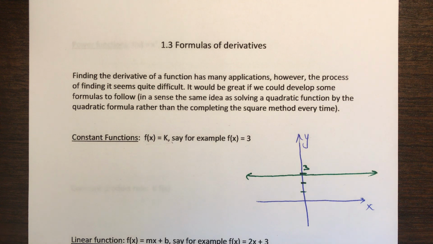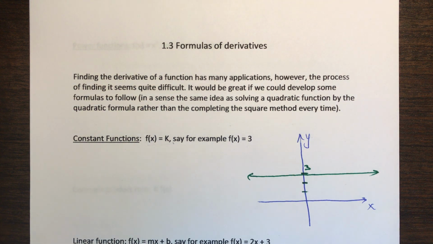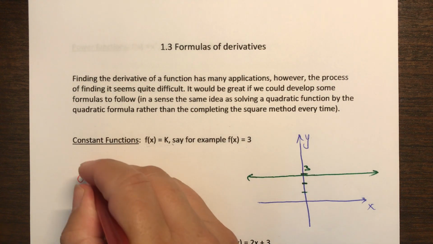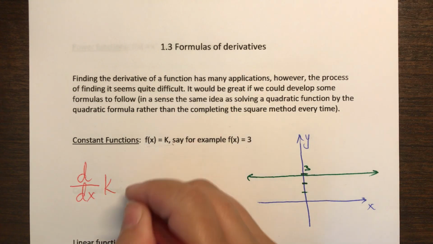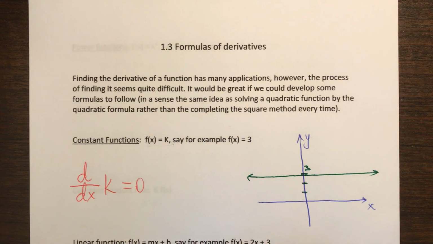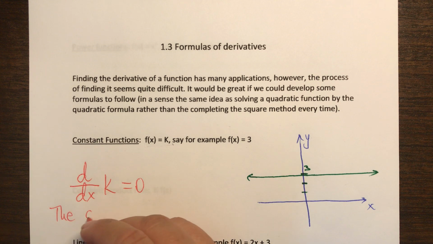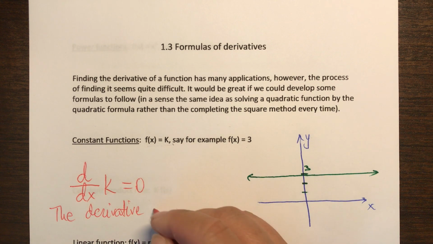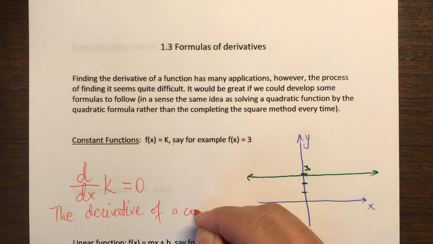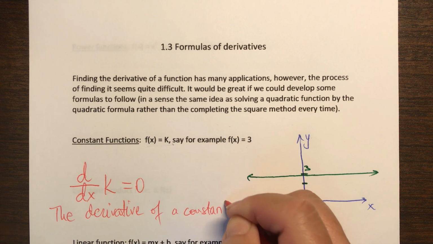Okay, so the derivative of a constant function is super easy to find. It's always 0. So the derivative with respect to x of any constant k is equal to 0. I'll write this down. The derivative of a constant is 0.